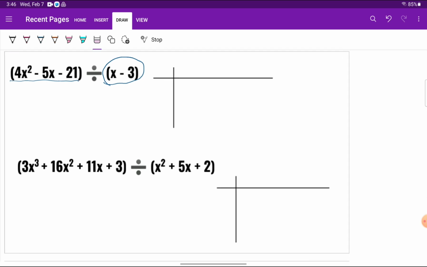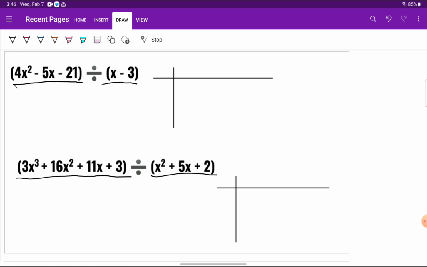So try these two, right? 4x squared minus 5x minus 21 divided by x minus 3. We could be just dividing. We could be asking, is it a factor? 3x cubed plus 16x squared plus 11x plus 2 divided by x squared plus 5x plus 2.